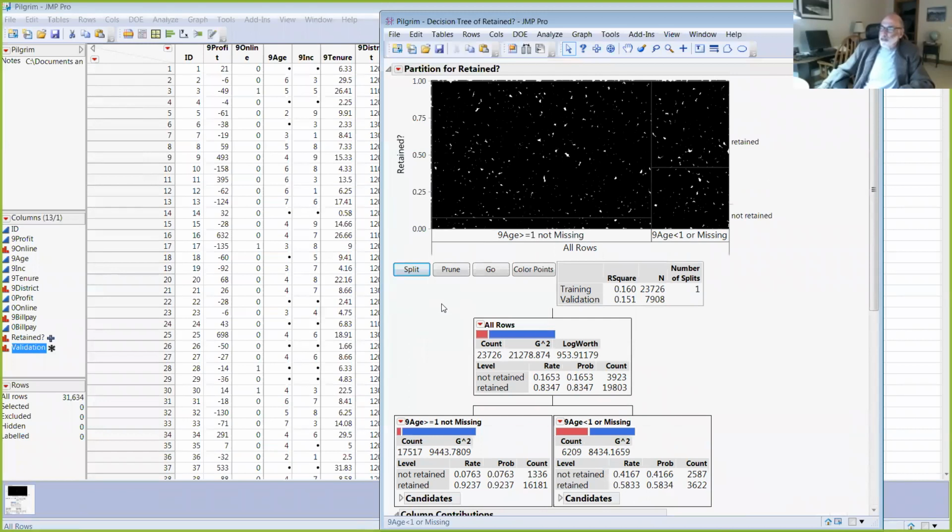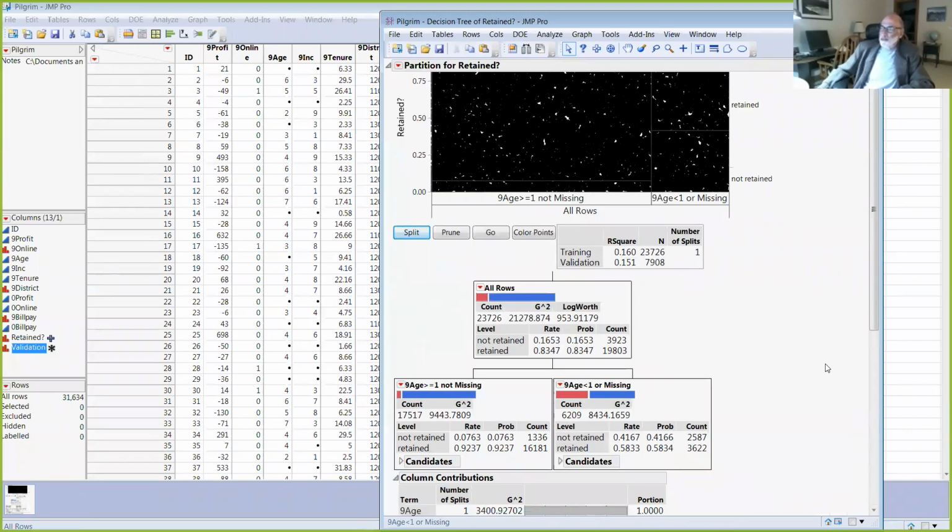Don't worry about those graphs that are down there. We'll get to them in a minute. So the first split it did is, is the age greater than 1? Remember, these are categories for age, so I forget, 1 is child. I don't remember if it's up to 10 years old, something like that, but these are basically children.